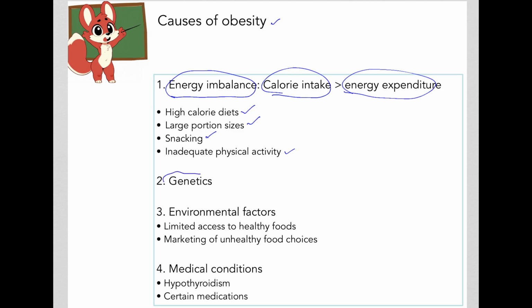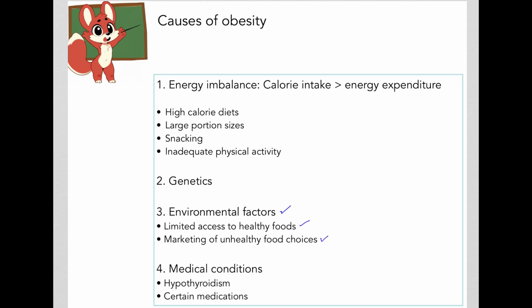And of course, genetics is one of the causes or associations with obesity. Then there are other causes such as environmental factors. There may be limited access to healthy foods. There is marketing of unhealthy food choices. And of course, we have medical conditions such as hypothyroidism, and there are certain medications that can cause obesity.